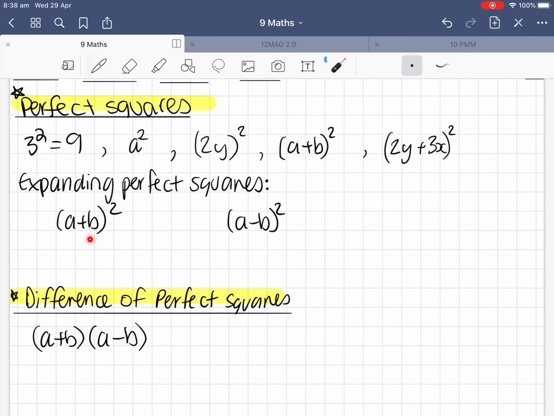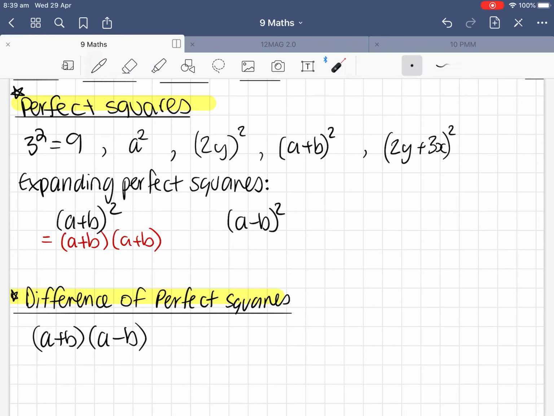So when we look at binomial expressions, which is what we were looking at last term, squared, such as a plus b squared or a minus b squared, this is what we call expanding perfect squares with binomial products. So if I have a plus b squared, that's the same as a plus b times a plus b.